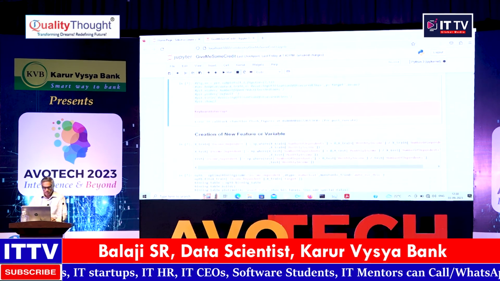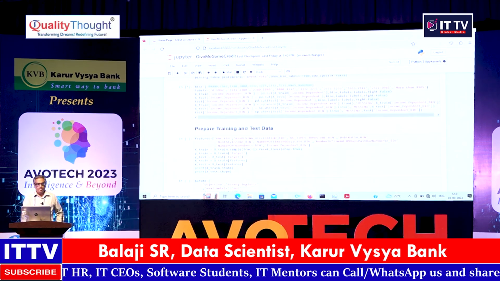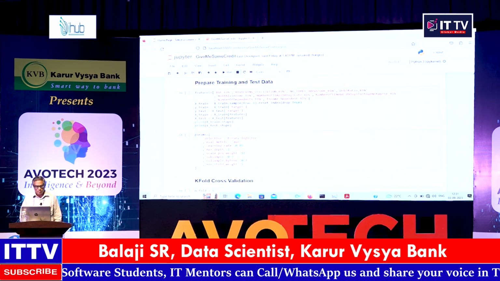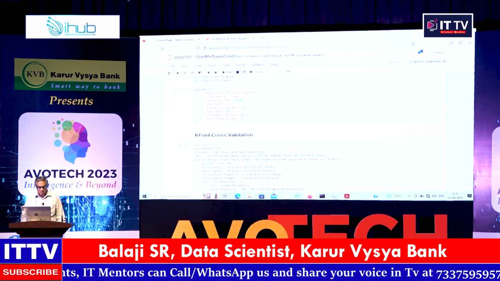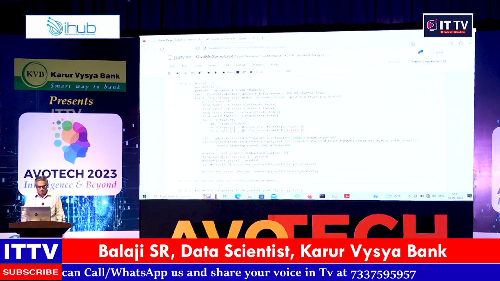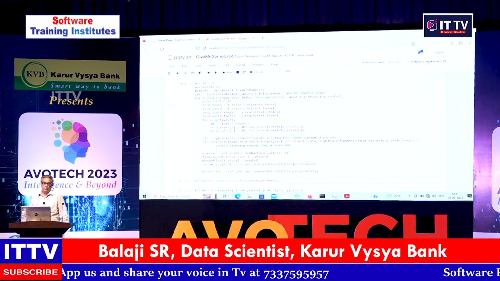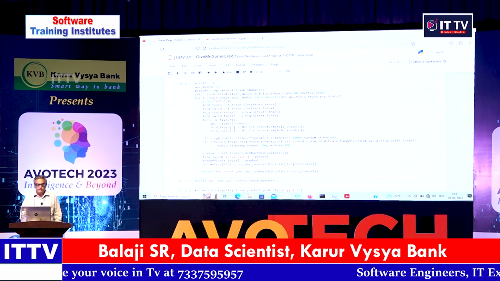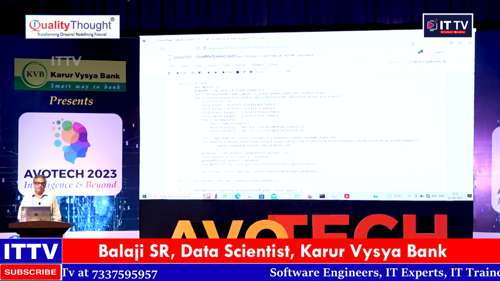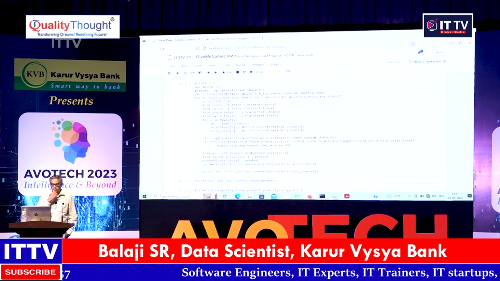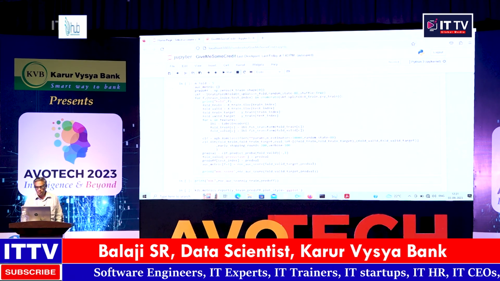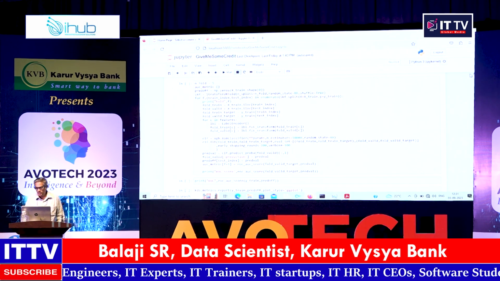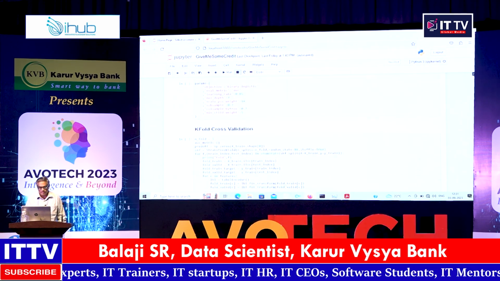The reason I'm showing this is feature engineering. And this is cross validation, where I use a training and test set to understand how good my model is performing in terms of default.